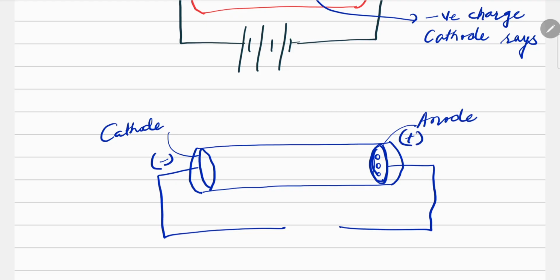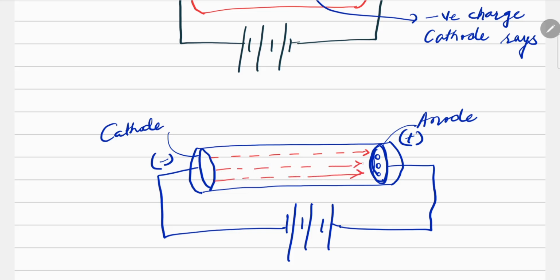Once again, a noble gas, or an inert gas, was added at low pressure. He switched it on, and there was formation of rays from the cathode towards the anode, and these rays passed through these holes.